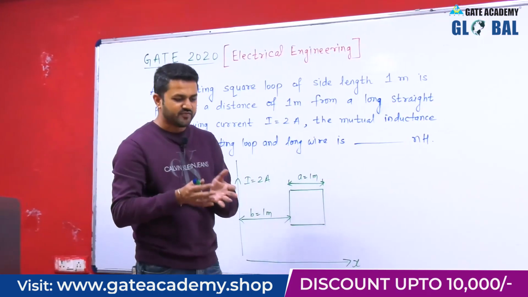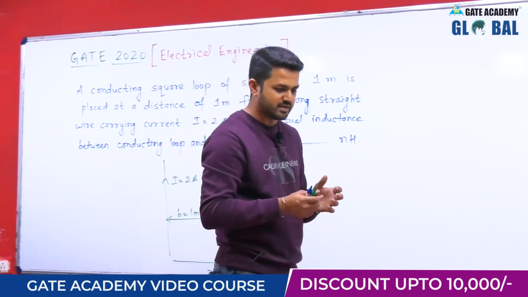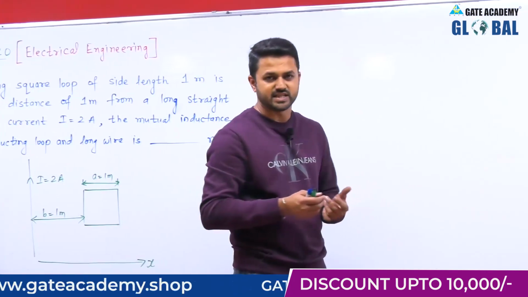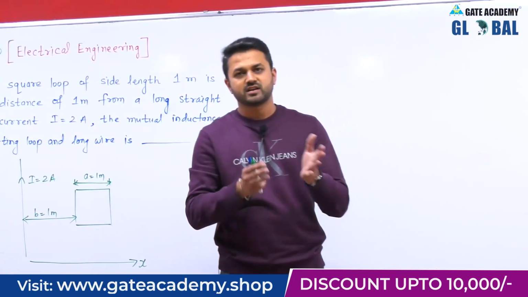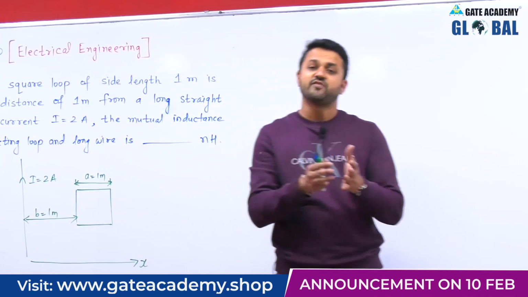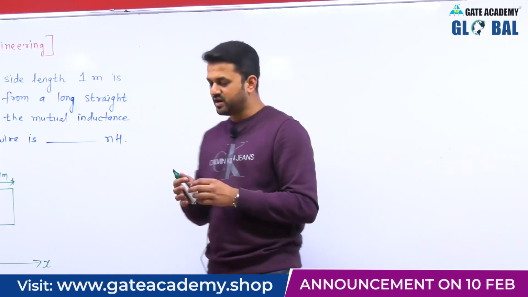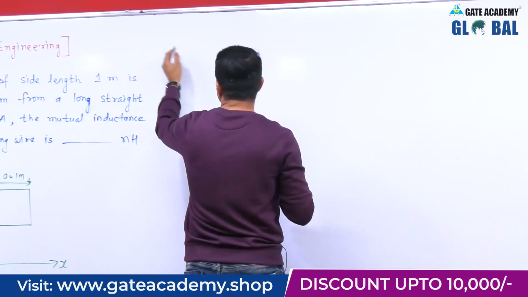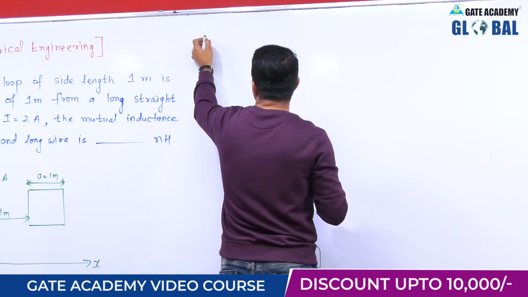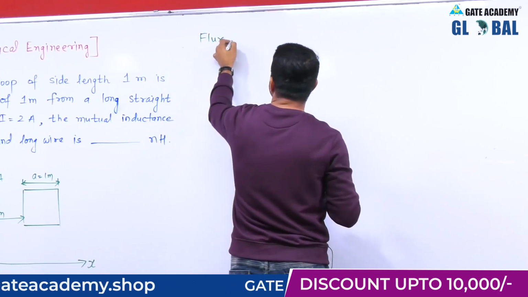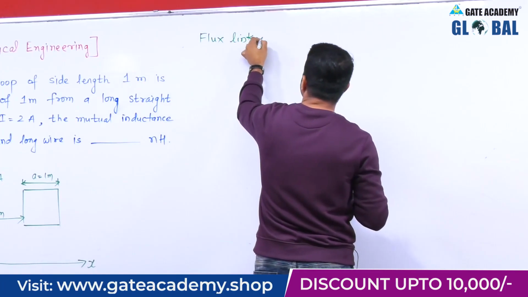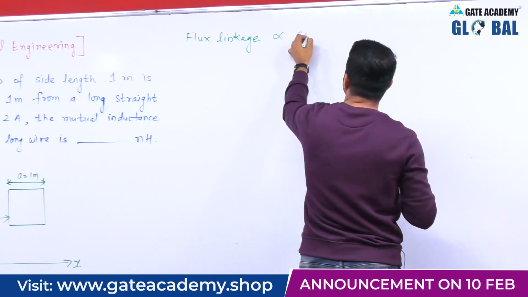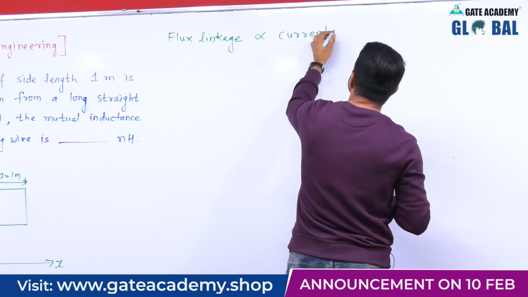Actually, the definition of inductance is derived from the flux linkage, because we know that the flux linkage is proportional to the current. Okay, so let's write that the flux linkage is proportional to current. Why is it so?